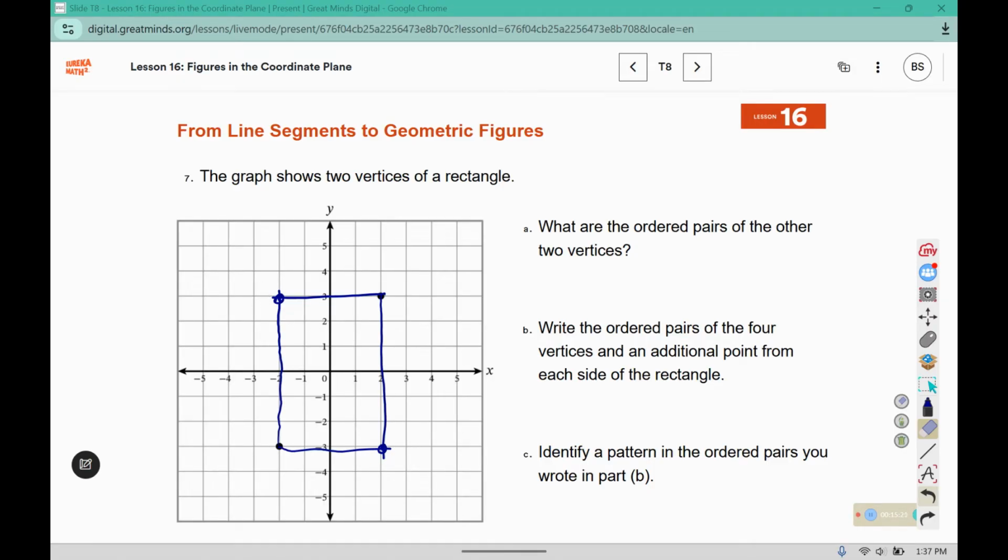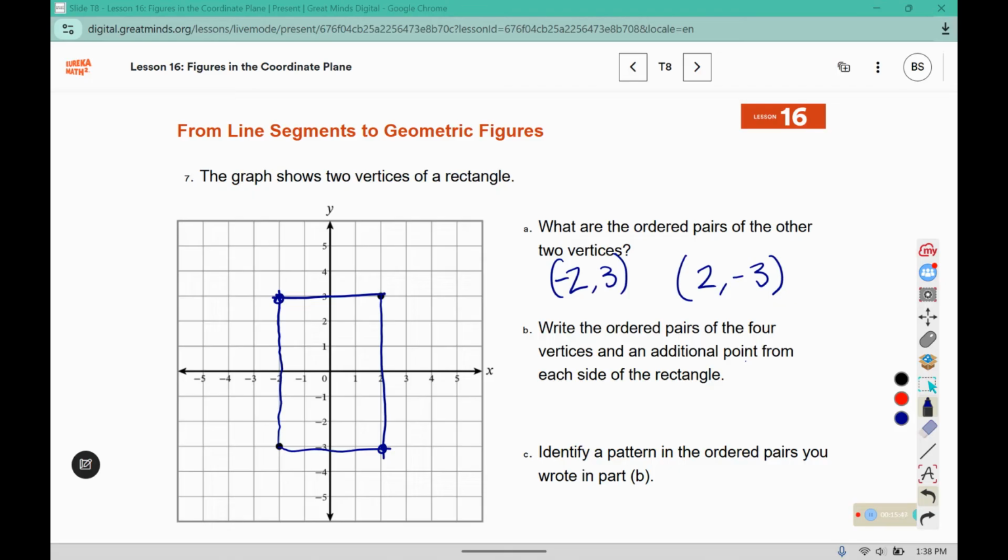What are the ordered pairs of the other two vertices? So this one we went 2 to the left and 3 up. And for this one we went 2 to the right and 3 down. Write the ordered pairs of the 4 vertices and an additional point from each side of the rectangle.